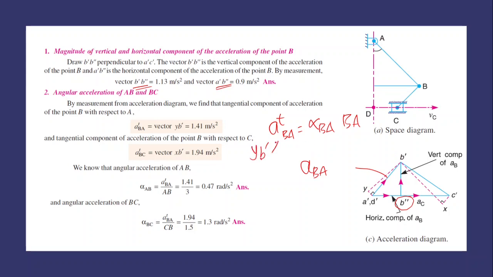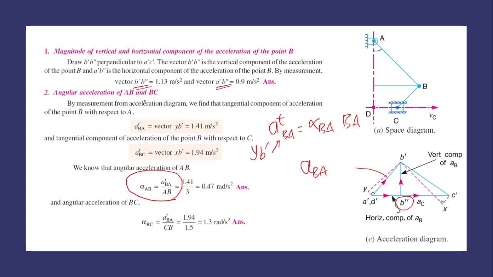YB dash is this tangential component. That into scale will give the tangential component of acceleration of B with respect to A. That divided by BA is equal to alpha BA. That's equal to 1.41 divided by 3. That's equal to 0.47 radian per second square.